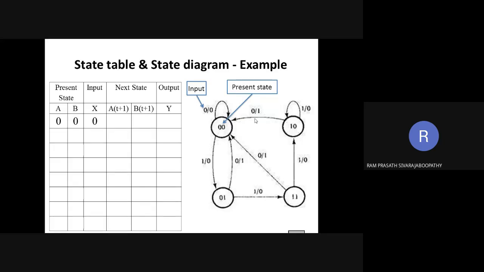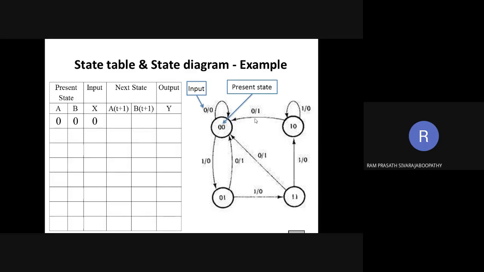Clear or not? See, நான் சொல்றது புரியலன்னா there you stop so that I can explain you. Again I am repeating. So we are having present state as 0 0. So this is my present state and I am applying the input as 0. Now இந்த diagram எப்படி வரைஞ்சிருக்கோன்றதை தான் நான் சொல்ல ட்ரை பண்றேன். Now I am going to apply the clock.